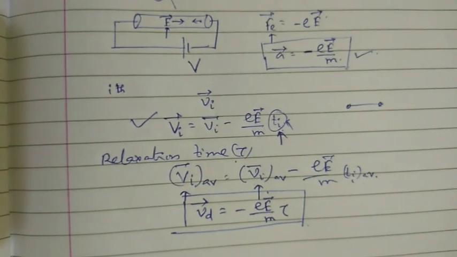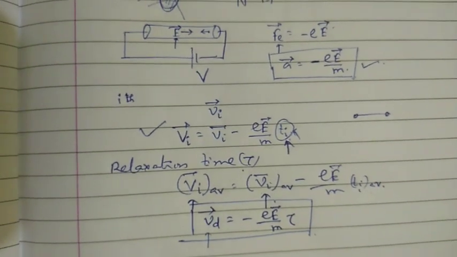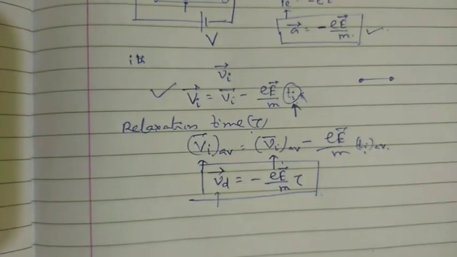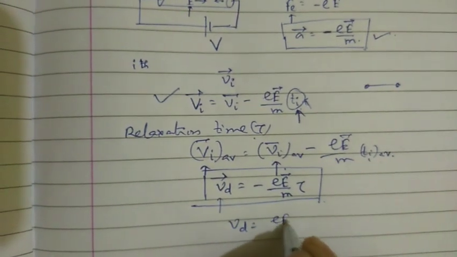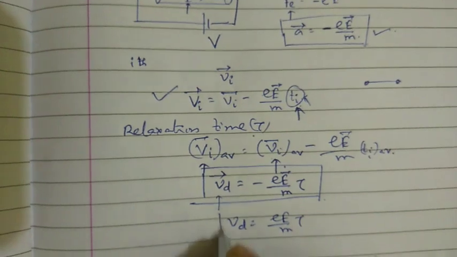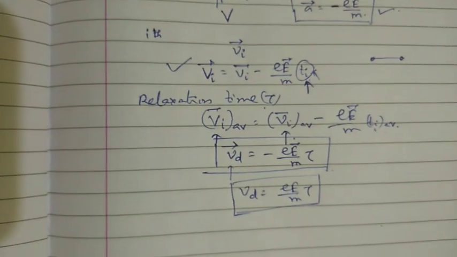Now let us find out how drift velocity and the electric current are related. If you just take the magnitude, you can write Vd equals to eE by m into tau. Now let us find out the relation between current and drift velocity.